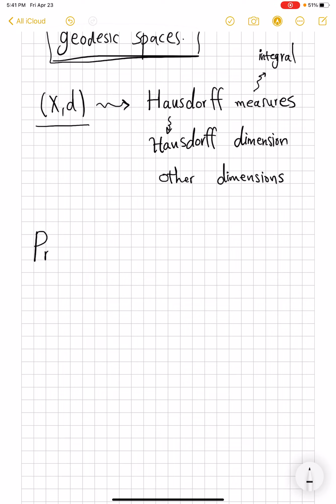So then I want to finish by some properties of metric spaces. So a metric space may or may not have these properties. A metric space is a topological space, so in particular we can talk about its compactness, we can talk about its local compactness, we can talk about whether it's separable or not, which is when you have a countable set which is dense inside your set.